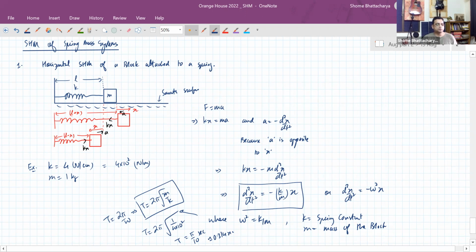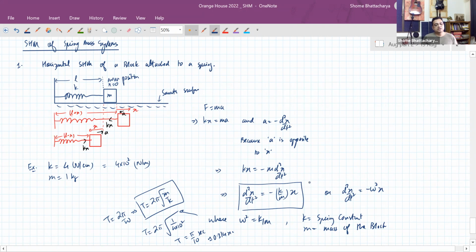Okay. So this is the fundamental or the simple example of a spring mass system doing SHM when it is kept on a horizontal surface and displaced from its mean position. So you can see that this is the mean position. Whether you give it a positive displacement or a negative displacement, it will have an acceleration which is opposite to displacement and proportionate in magnitude, given by this formula. d2x by dt square is minus k by m into x.